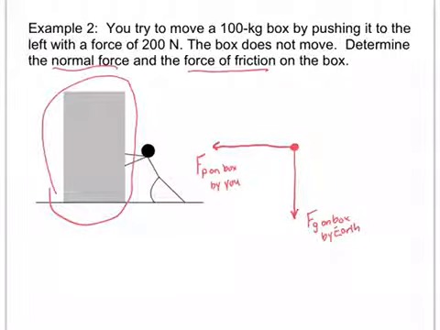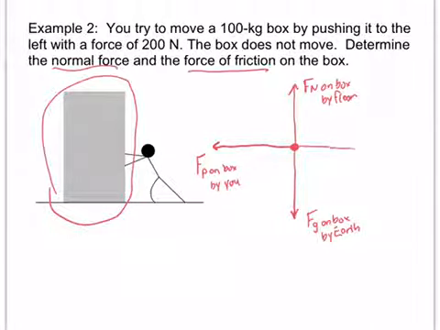Pointing upwards, since the box is on a surface, we know that we've got a normal force pointing upwards. Normal force on the box by the floor. And the box doesn't move, so we know that there has to be something to balance things out in the right direction.